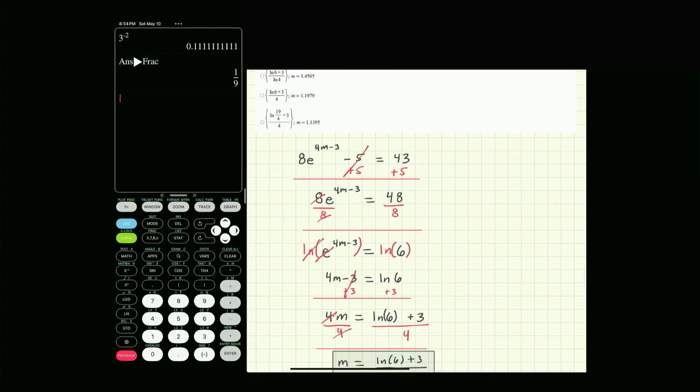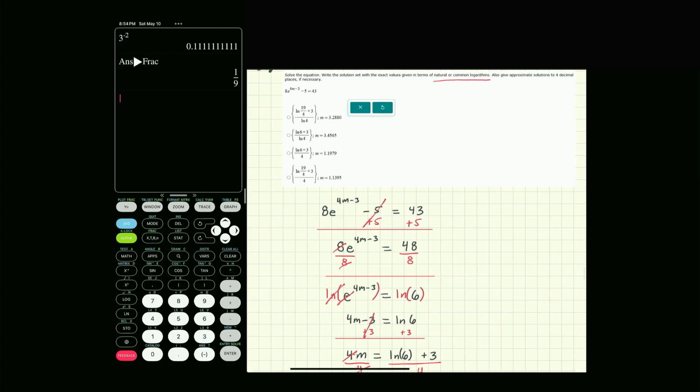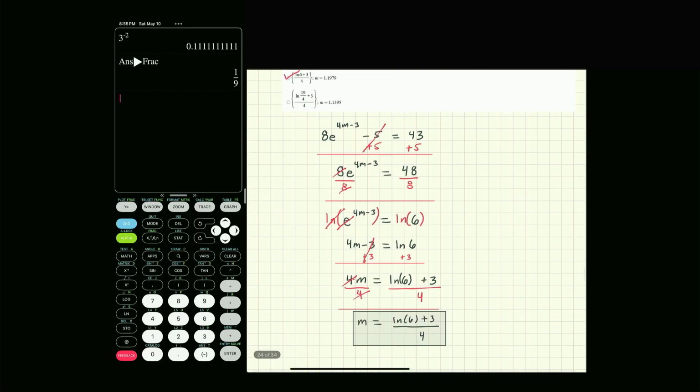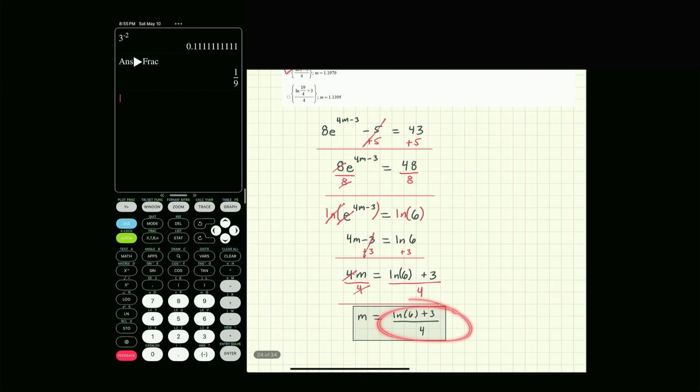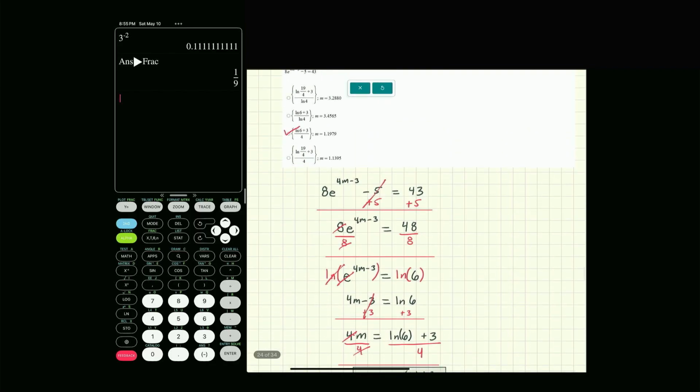Natural log of 6 plus 3 over 4. There's only one choice here, and that's this one. We want to be really careful we don't accidentally choose something like b. Looks really close to our answer, natural log of 6 plus 3, but b has a natural log on the denominator, which we did not have here. Okay, so C is the correct choice there.